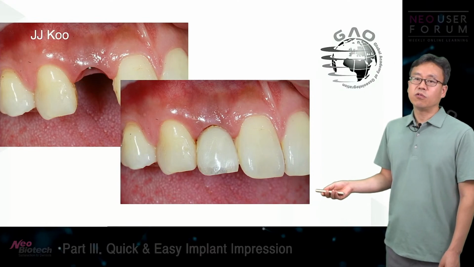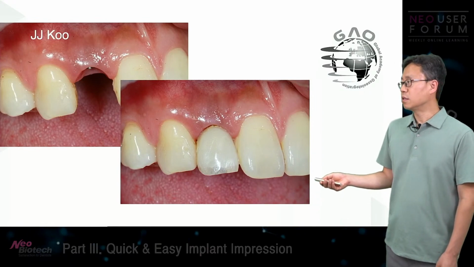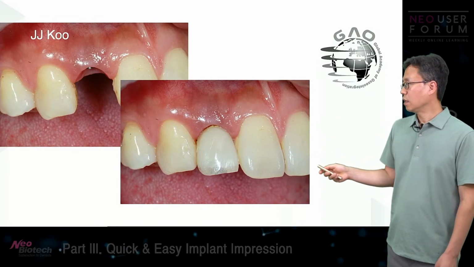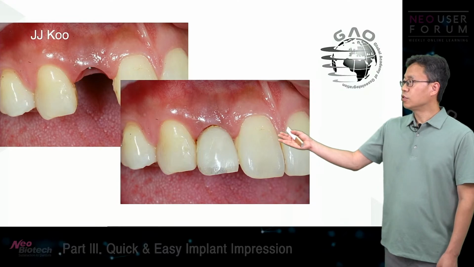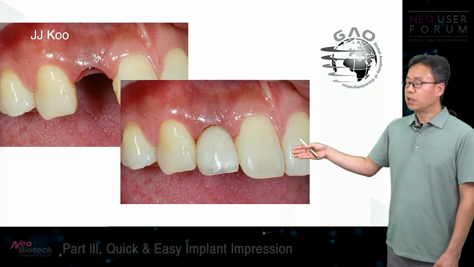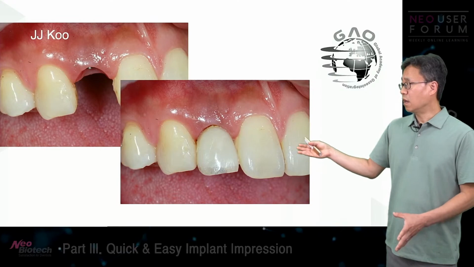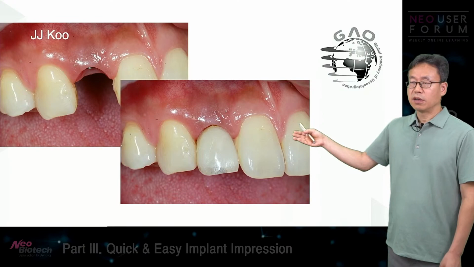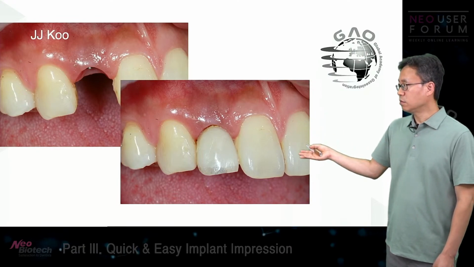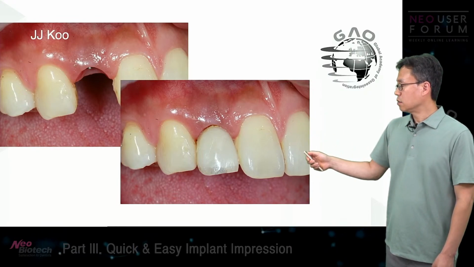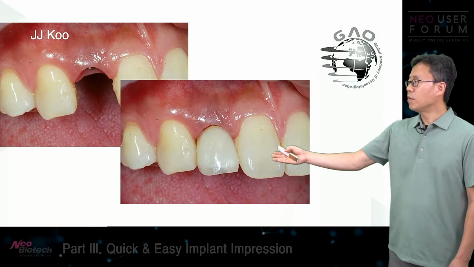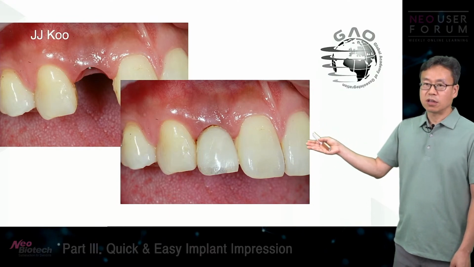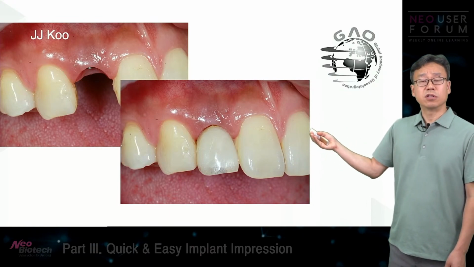Another thing we frequently do is something called a custom impression coping. This soft tissue is properly controlled during the healing procedure with the provisional restoration. So this is pretty much what you want the soft tissue to look like at the end of the treatment.